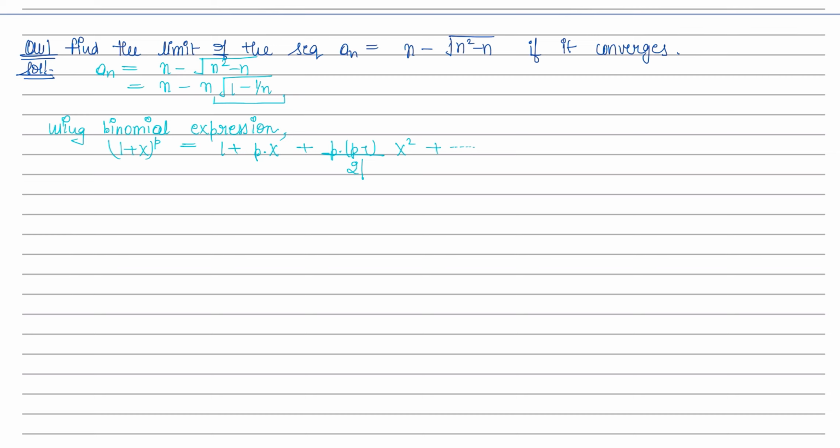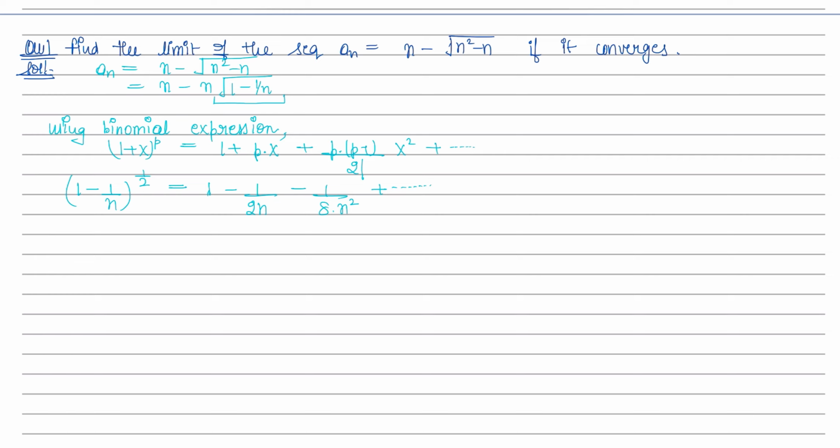We will restrict this binomial expansion to the two terms only, that is till p times x only. Now let us expand the given term (1 minus 1 by n) to the power half, which is equal to 1 minus 1 upon 2n minus 1 upon 8 into n squared, plus so on.